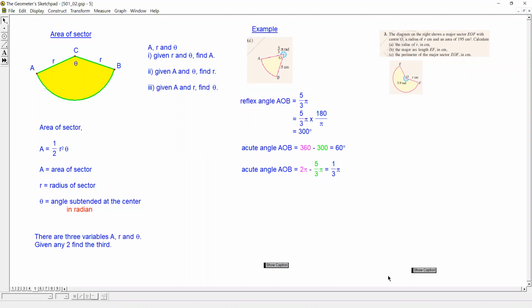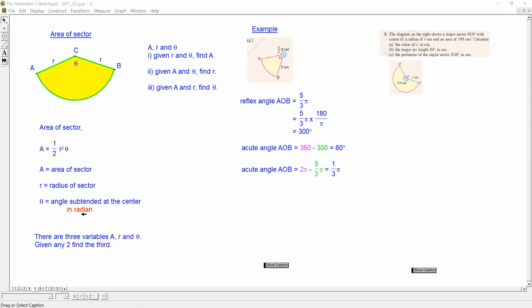Area of a sector. Okay, no question, very good. Now, the area of a sector, I told you last week, is half r squared theta. How many variables are there in this formula? Three: A, which is the area of the sector; r, which is the radius of the sector; and theta, which is the angle subtended at the center in radian.